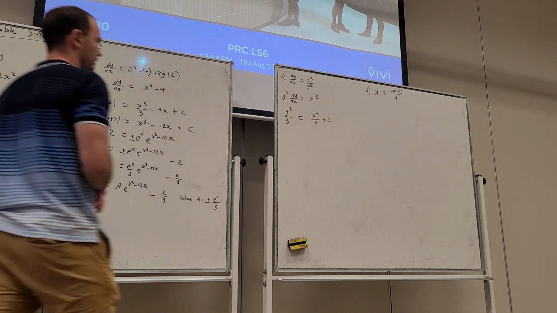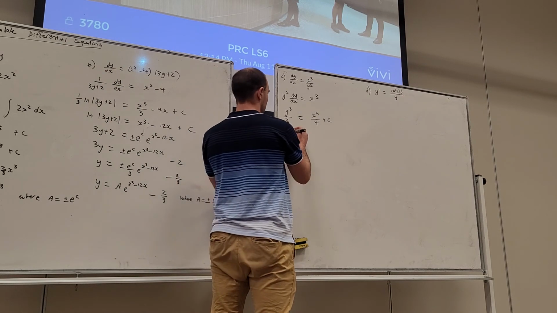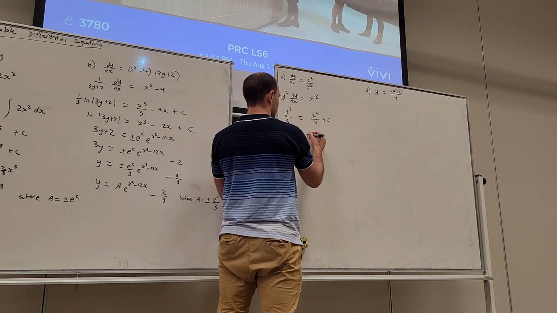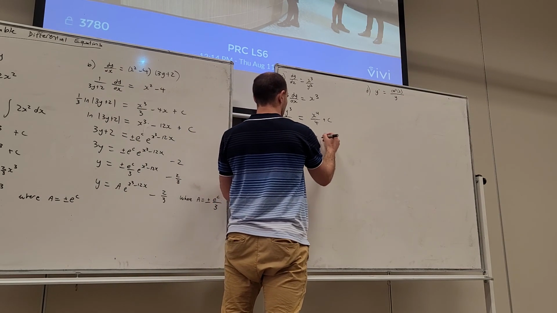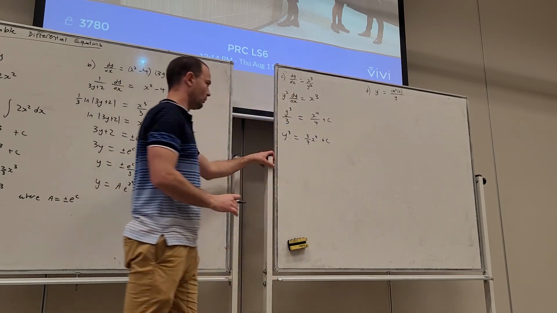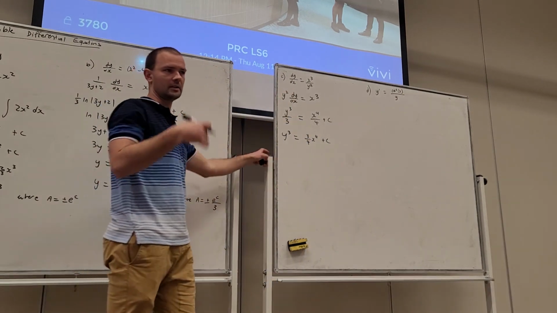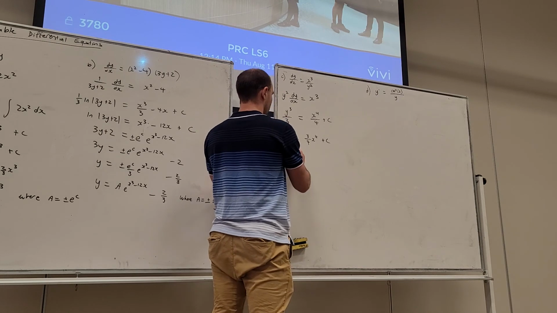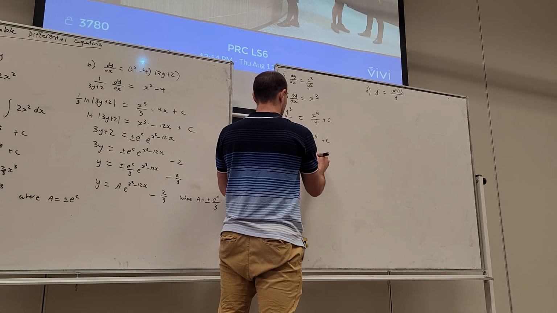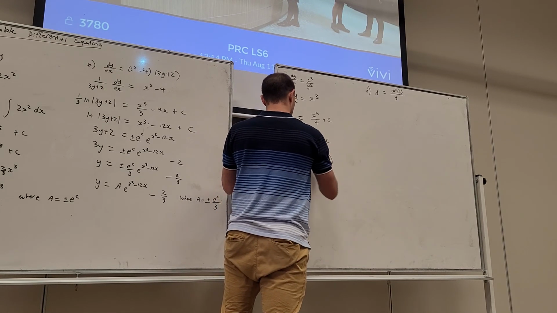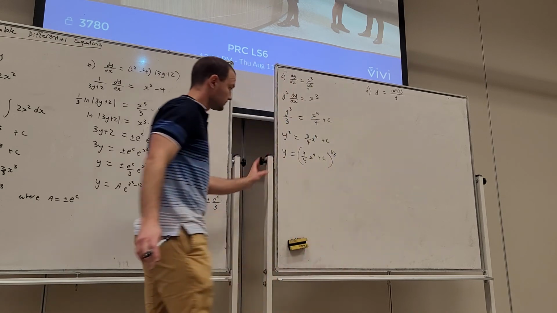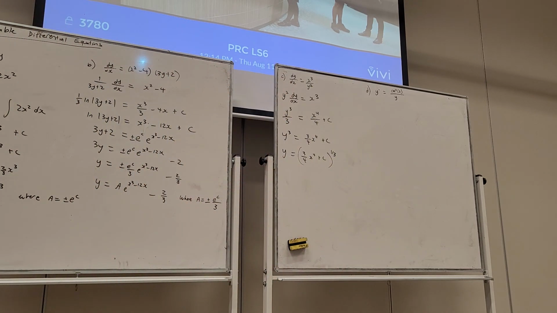Multiply both sides by 3. And then form the cube root of both sides, or put both sides to the power of a third. Alright.